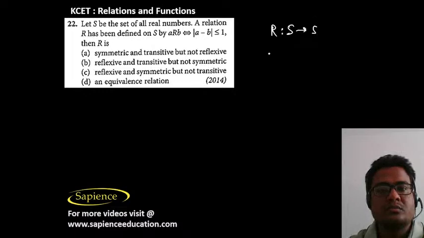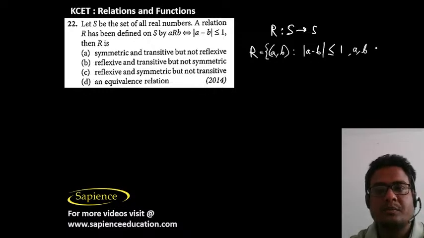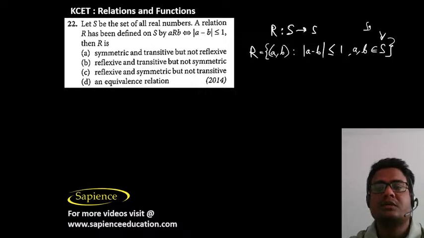A is related to B implies R is a relation which contains the ordered pairs A comma B, where the absolute value of A minus B should be less than or equal to 1, where A comma B belongs to the set S, which is the set of all real numbers.